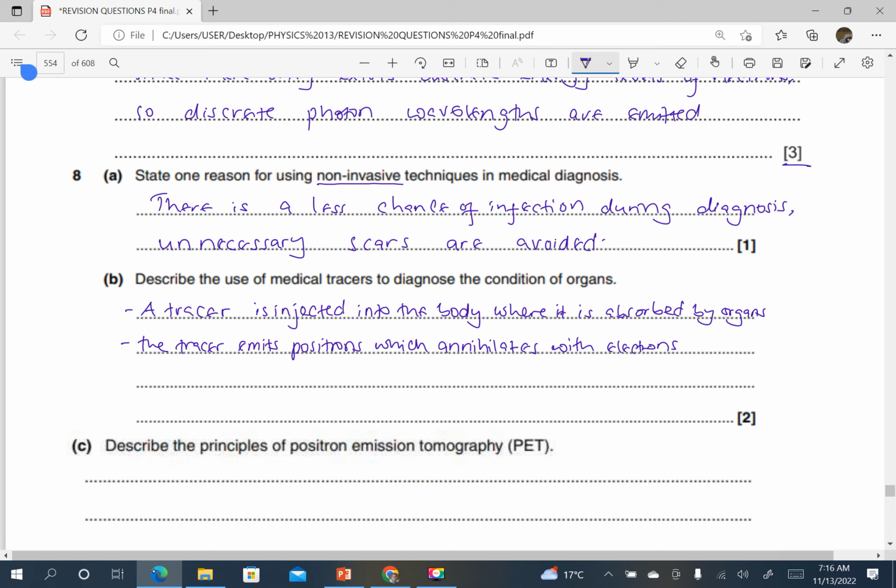So the positron combines with the electrons and their mass becomes a pair of gamma ray photons.